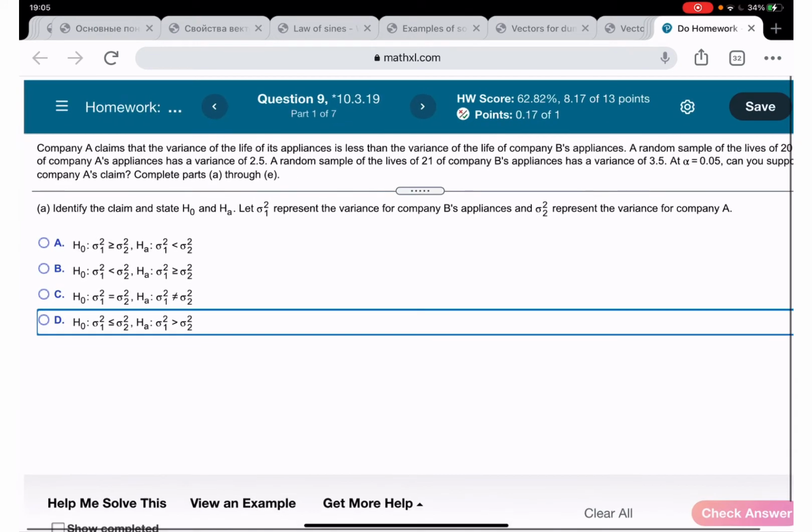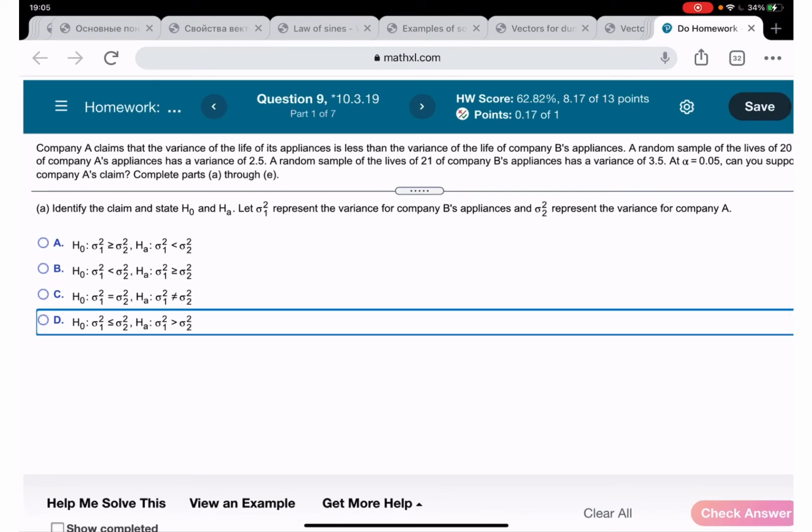Since 3.5 is greater than 2.5, 3.5 goes to the numerator, because S1 is going to be greater, and the smaller number goes to the denominator.